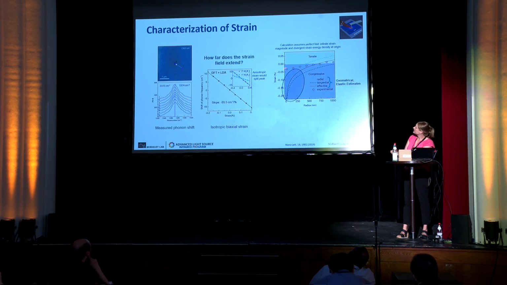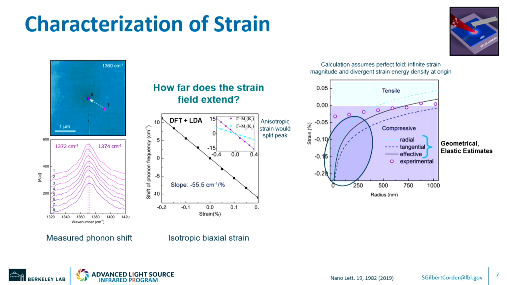And I'll point out that the large deviation that happens as you get below 500 nanometers is really a result of the calculation. So when the calculation was done, it assumed a perfect fold in the HBN. And that also includes infinite strain magnitude and divergent strain energy density at the origin, which is not physical in this case.